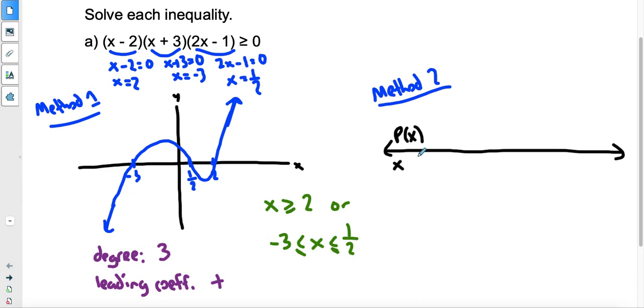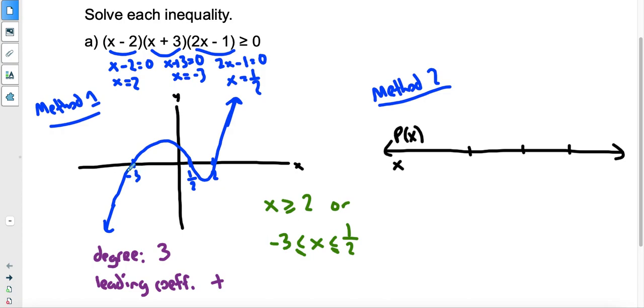To find where my polynomial is going to be greater than or equal to 0, I can split this sign line up into different regions. And the regions I'm going to want to look at are the x-intercepts, because I know from my graph that my polynomial can change sign at around the x-intercepts.